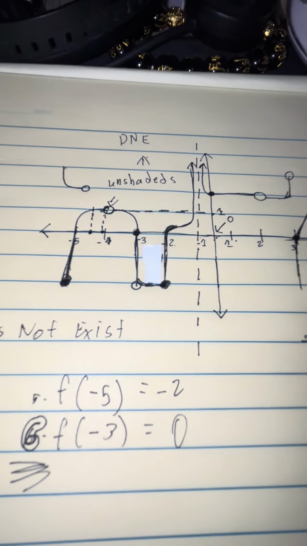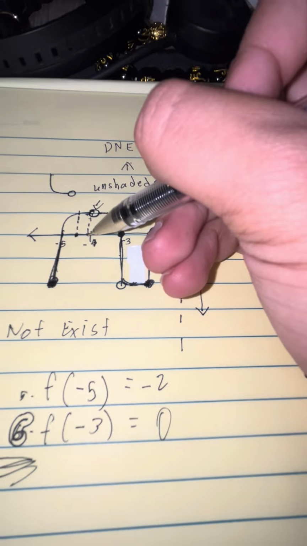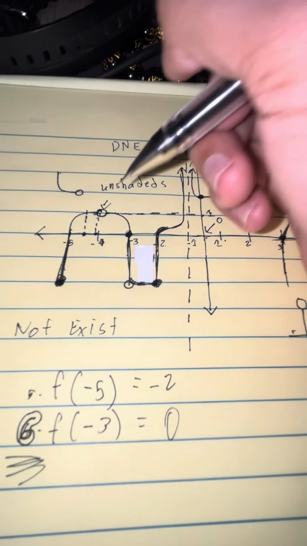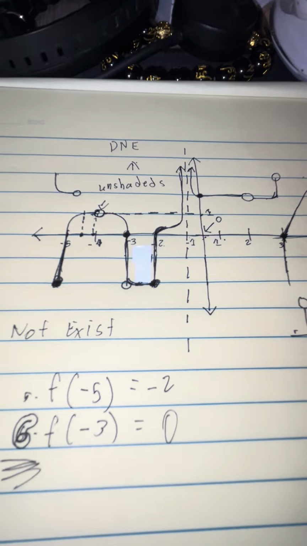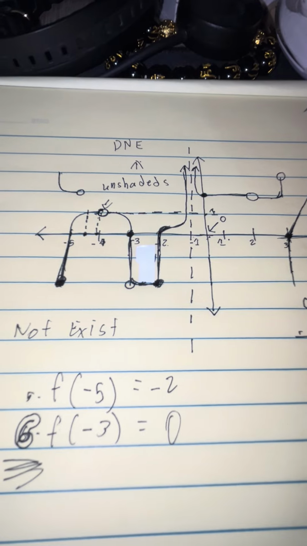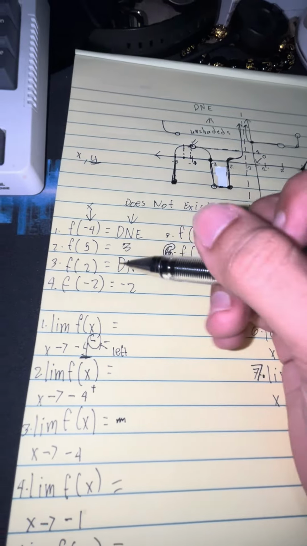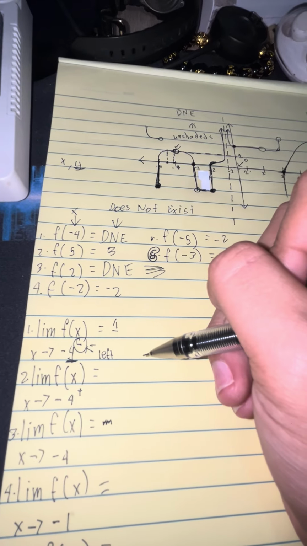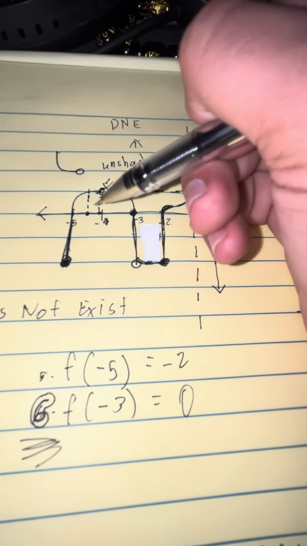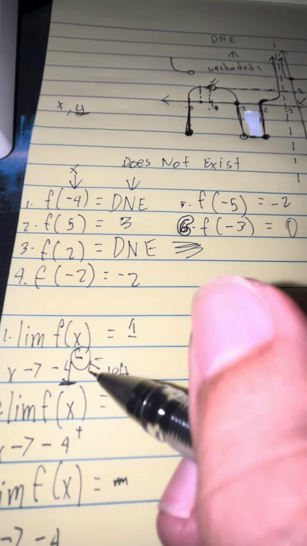So even if you get to, let's say, -4.00001, its answer will always be 1. At least that's how it is from the left side, because we're considering the left side here, right? Because it has this symbol right here, the negative symbol.